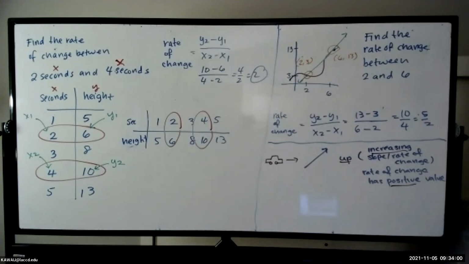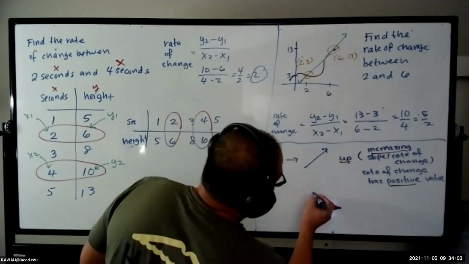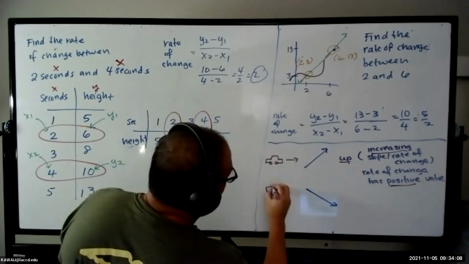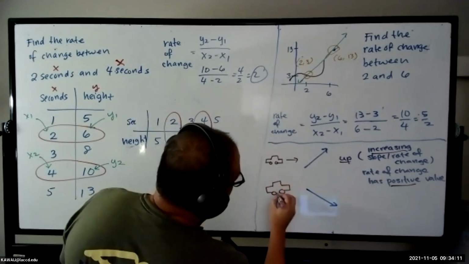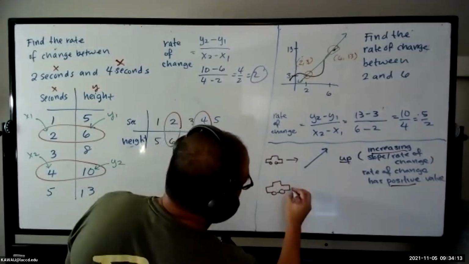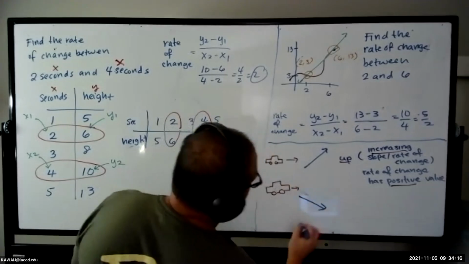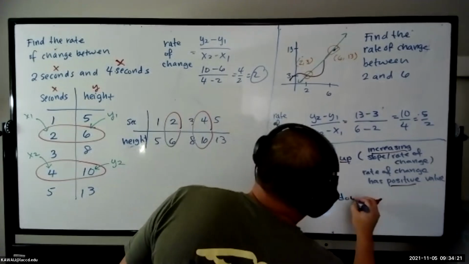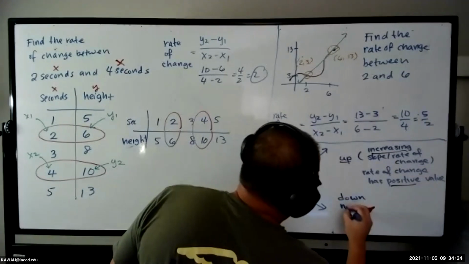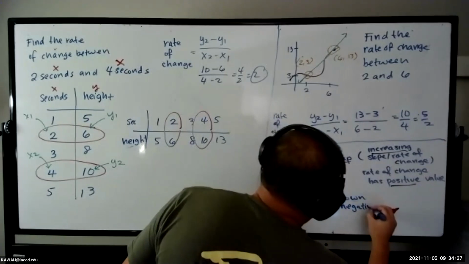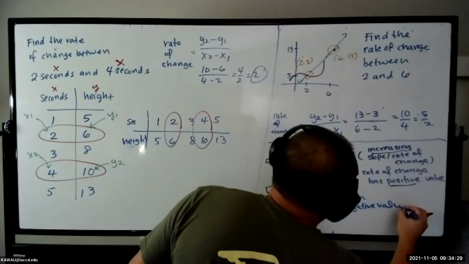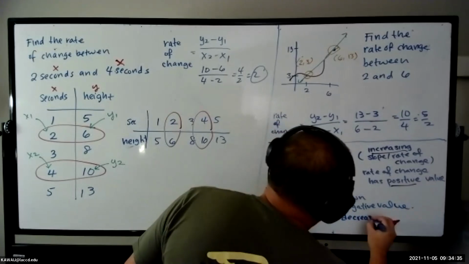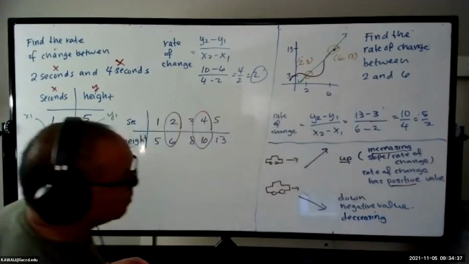Now, in the same way, I'm a car driving on this road. I'm going down. My rate of change has a negative value. And I have a decreasing rate of change.